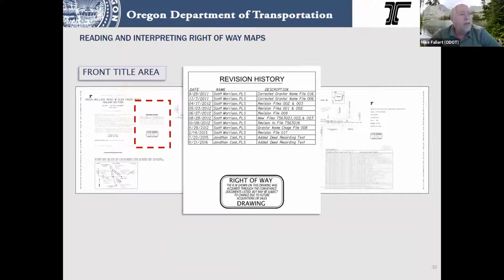Then we have a revision history and a status stamp. Every time we touch the map, for some reason, after we first created it, we come in here and put this on every one of them to let someone know that it's been revised and what we did. The status stamp on our new ones is such that these are living maps, they're potentially going to change, so they're always active and not stamped as a final document, because they're never final.